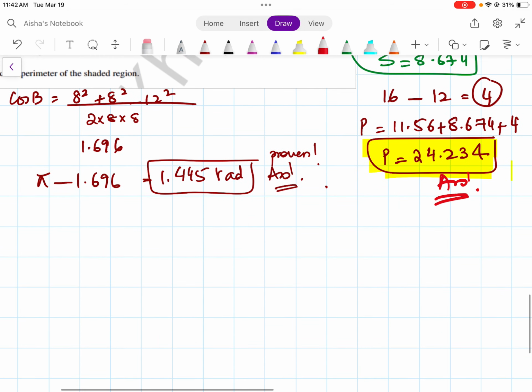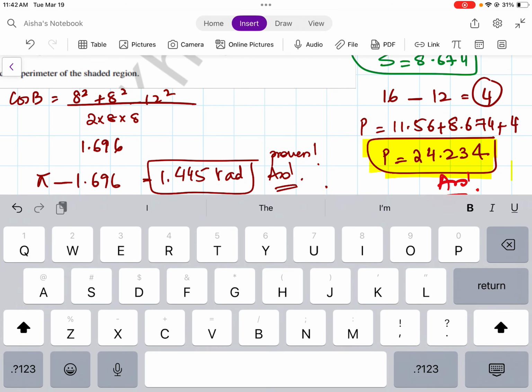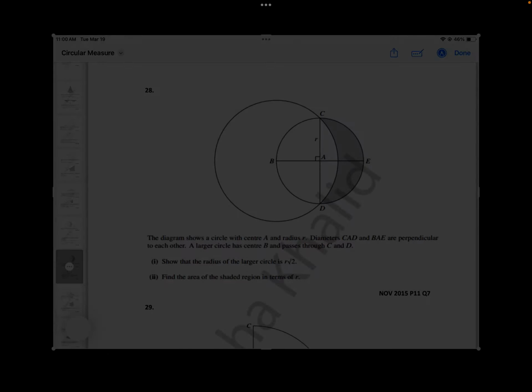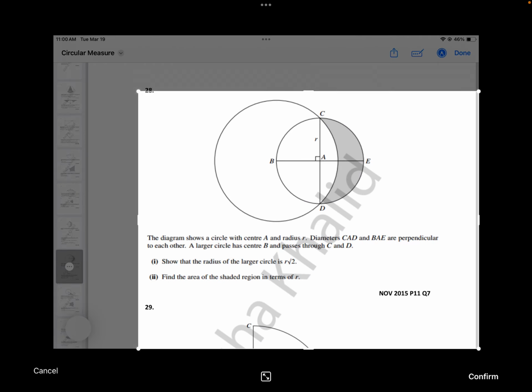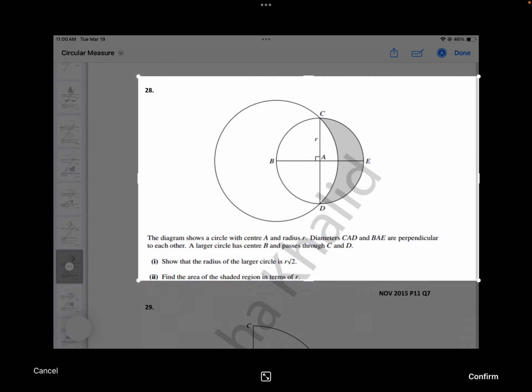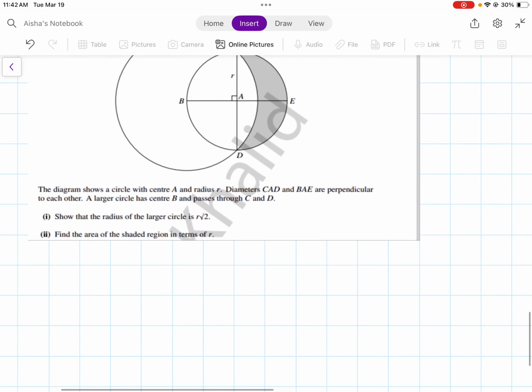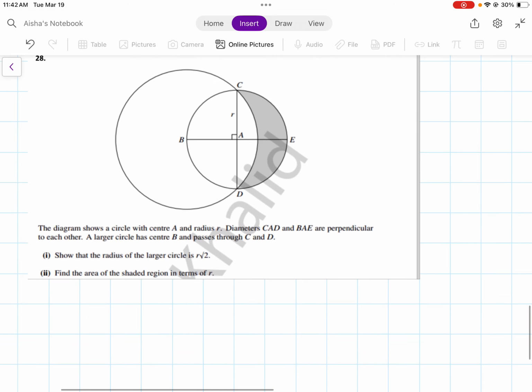Okay, let's discuss another question. Show that the radius of the larger circle is r under root 2.